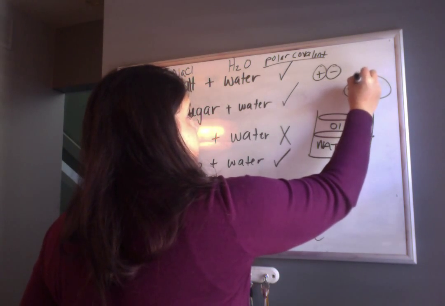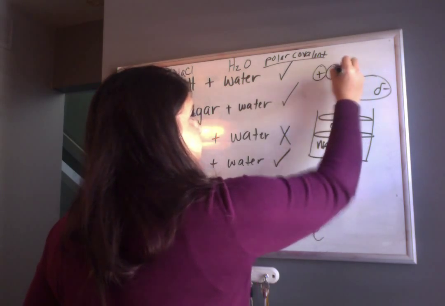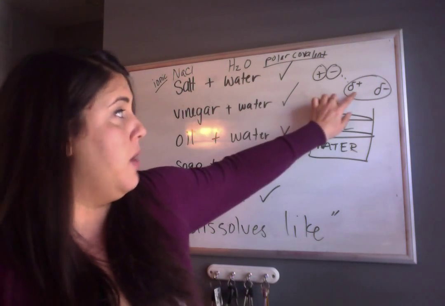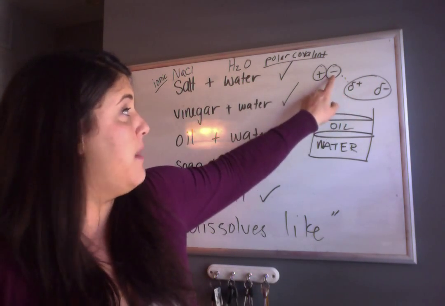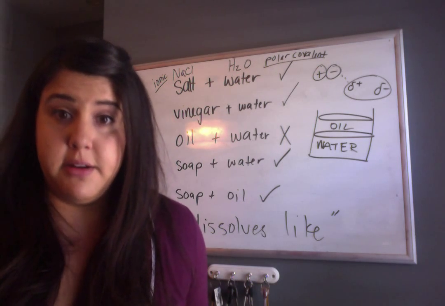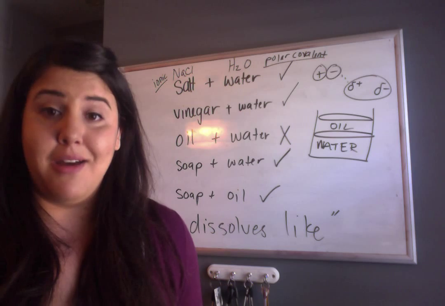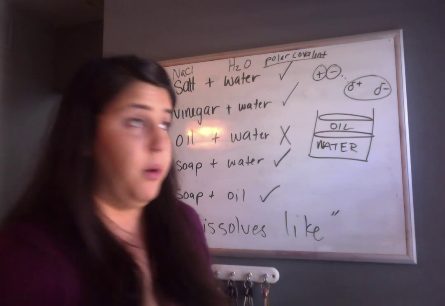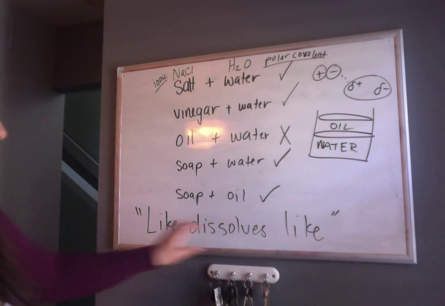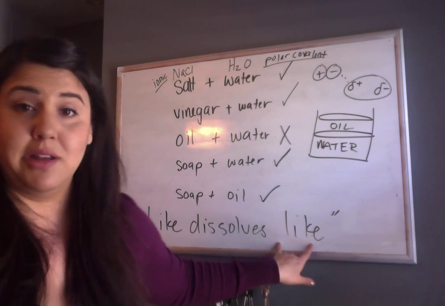If I have my partial positive and my partial negative, I've got this nice little interaction between the partial positive of water and the full negative from chlorine. I have this nice interaction, so I actually do see that ionic will interact with polar molecules.